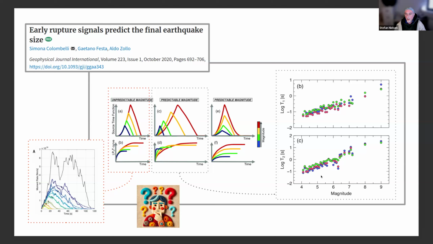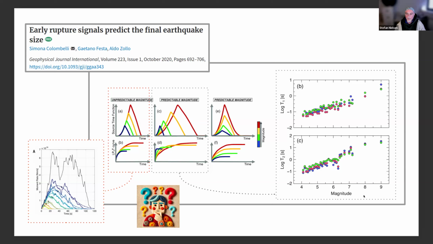There are 2 characteristic times. One is the start, one is the reach of the plateau, but let's not go into the details. So here, I think the jury is still out on deciding whether we do observe a difference in the initial acceleration of the moment rate between small and large earthquakes.